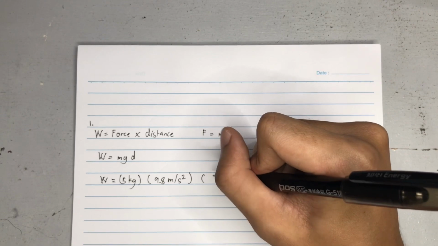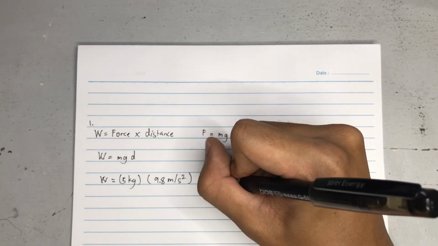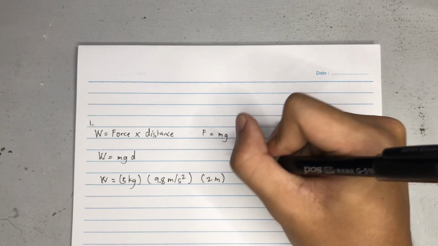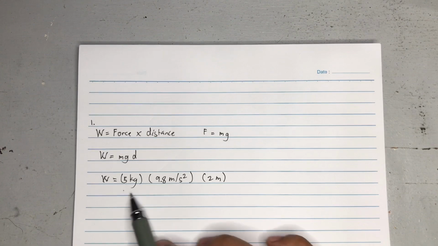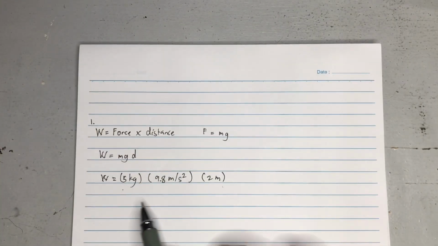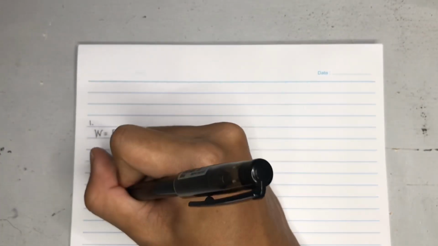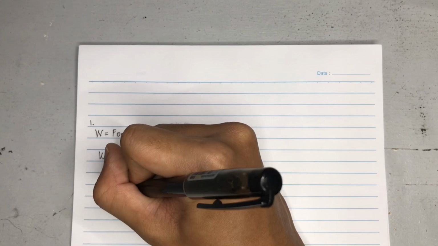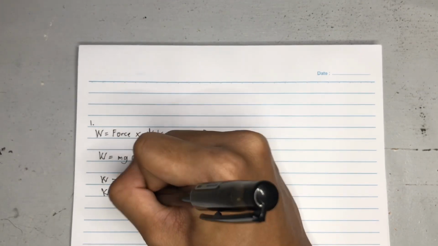Then yung distance natin ay 2 meter. Tapos pagta-times muna natin tong dalawa guys, yung 5 kilogram then yung 2 meter. So 10 na yan times mo pa dito sa 9.8 is equals the work is equals to 98 joules.